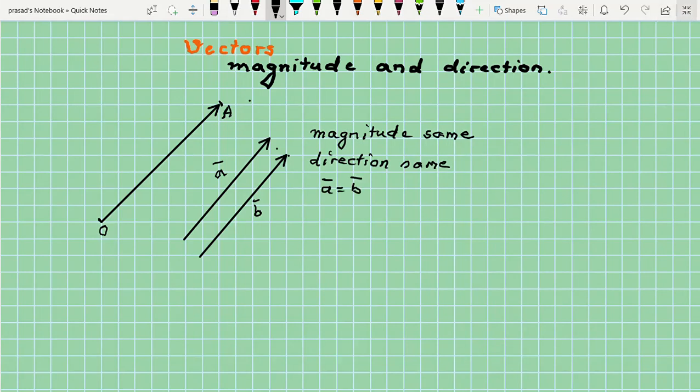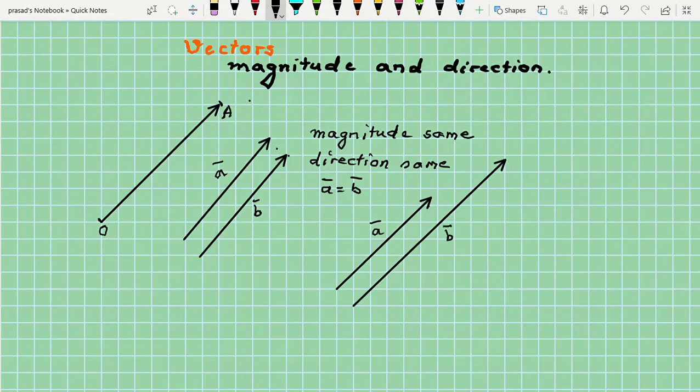Now consider a case like this in which the two vectors are in the same direction but their magnitude is not the same. So say this is vector A bar here, this is vector B bar here.